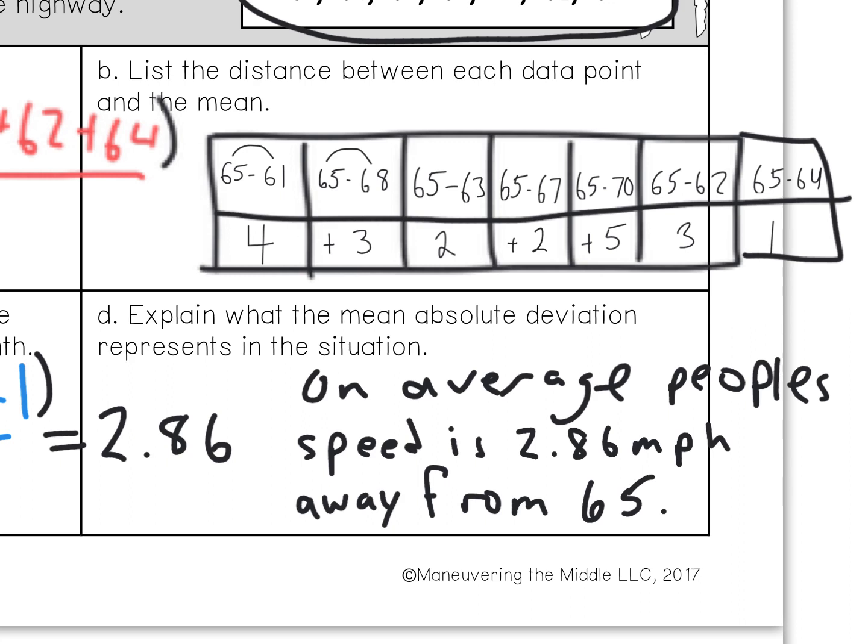So in other words, you would expect most people to be 2.86 miles per hour away from 65. Okay, on average, people's speed is that far away from 65.